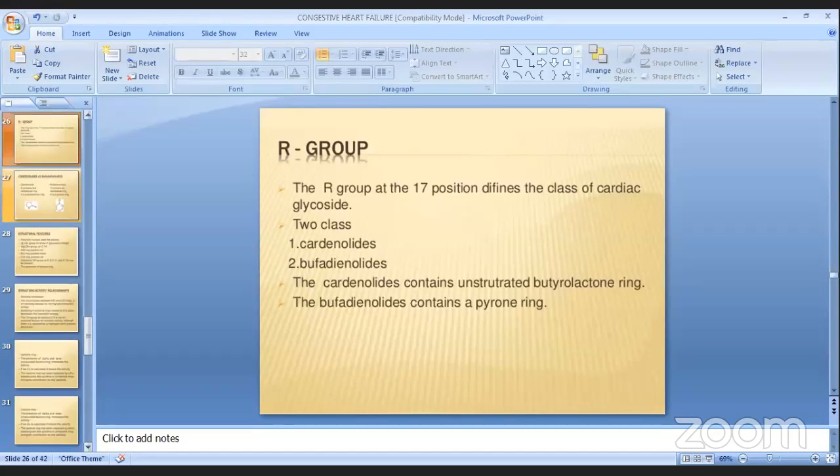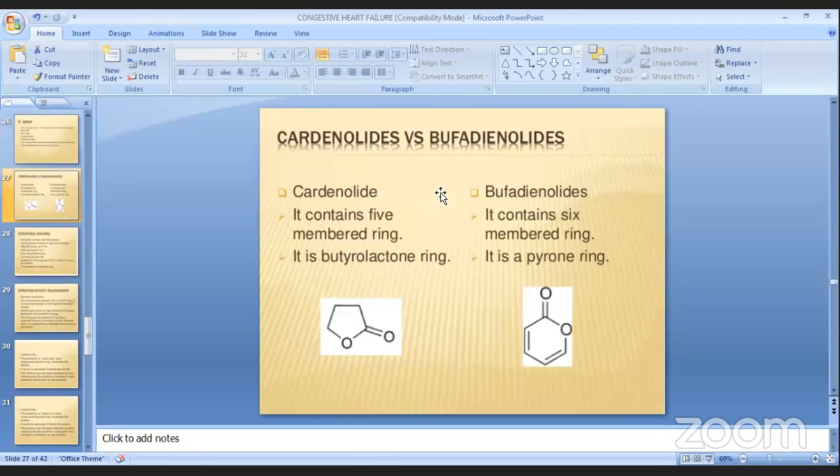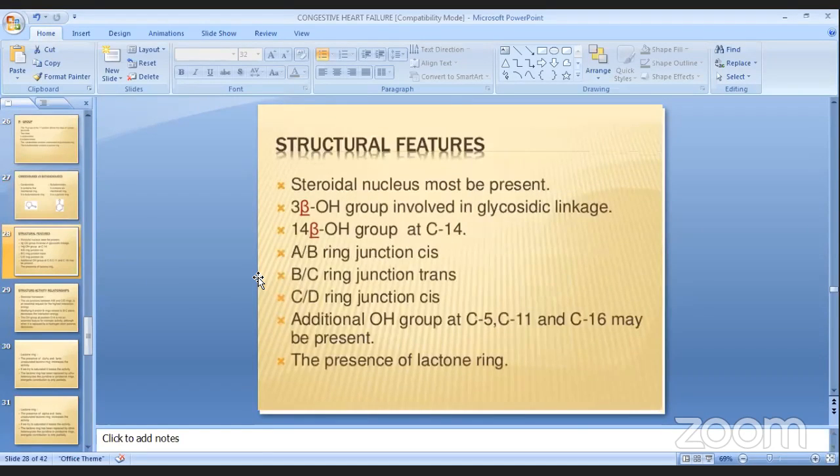The cardenolide has a five-membered ring, bufadienolide has a six-membered ring. Where is it situated? It is situated at the 17th position of the moiety.